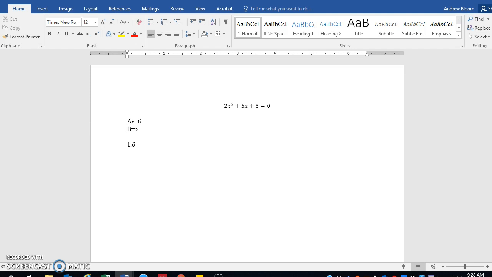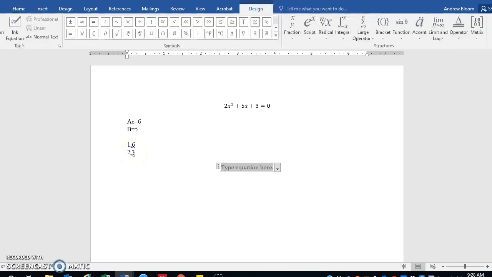The numbers that multiply together to be positive 6 are 1 and 6 and 2 and 3. And 2 and 3 multiply together to be positive 6 and add together to be positive 5. So we're going to use those two numbers to rewrite the polynomial on the left-hand side: 2x squared plus 2x plus 3x plus 3.